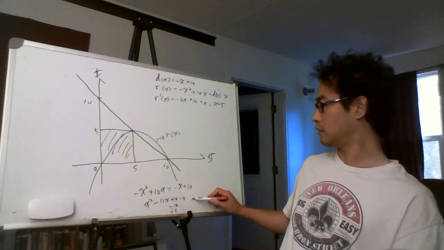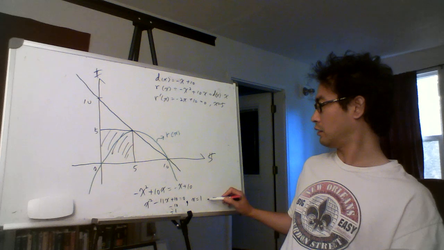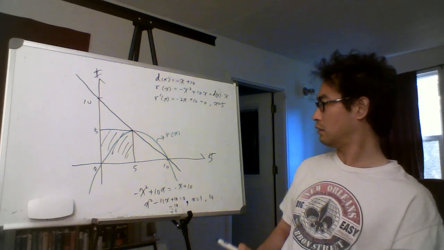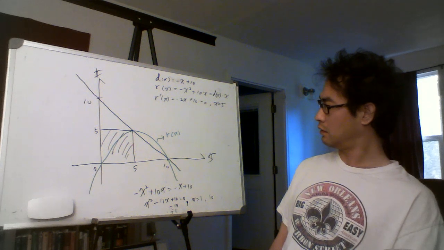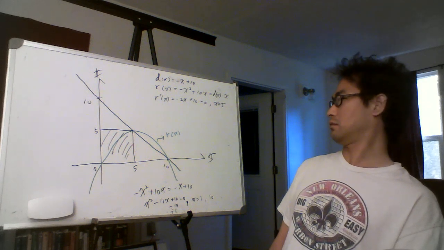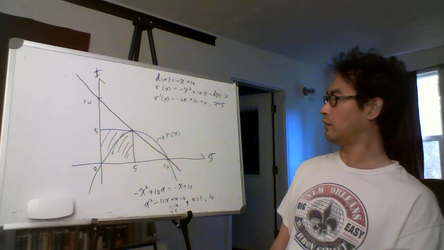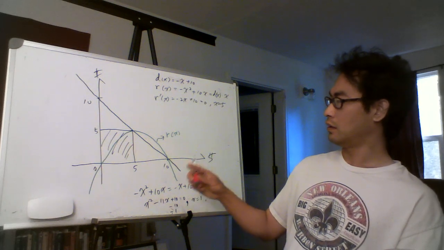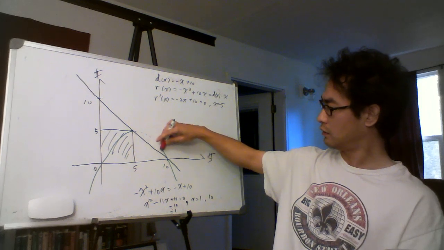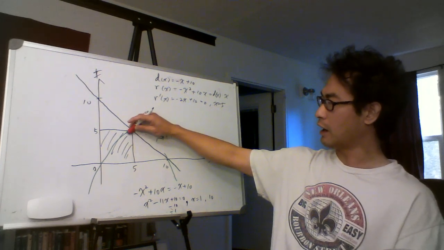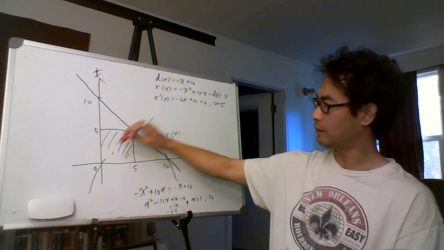So x is equal to 1 and 10. Really? Okay, well, whatever. I have to redraw this curve. Again, my calculus sucks. It's been a long time.